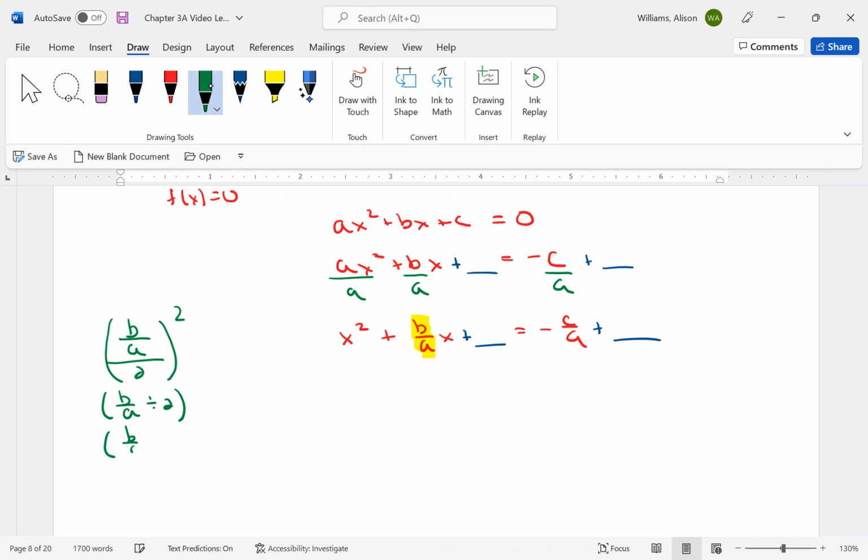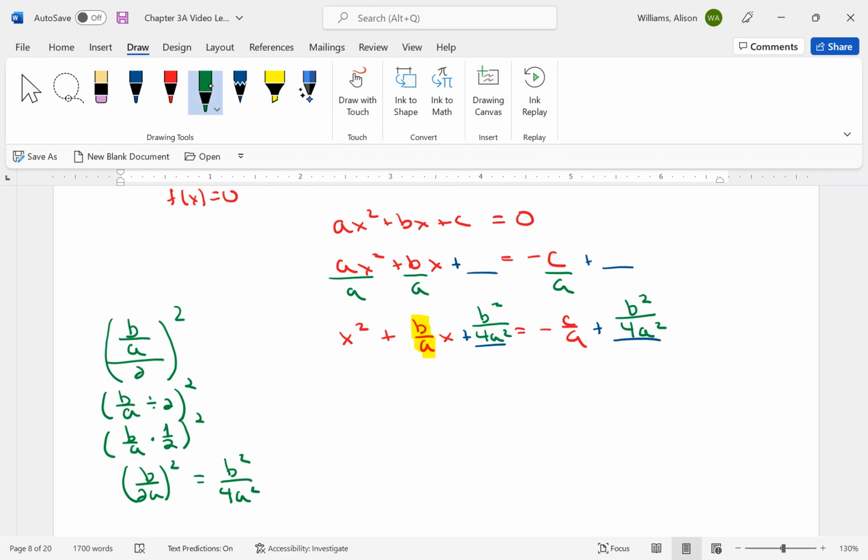But when you divide fractions, you flip and multiply. So this is actually b over a times 2, which is just 2a squared. Okay, and that's going to be b squared over 4a squared. So that's what I'm going to add to both sides. B squared over 4a squared.